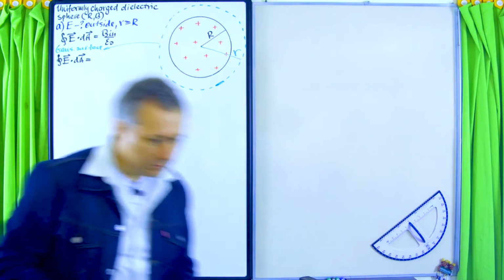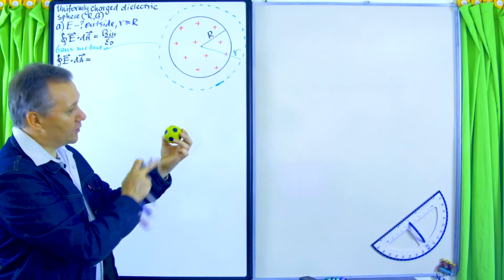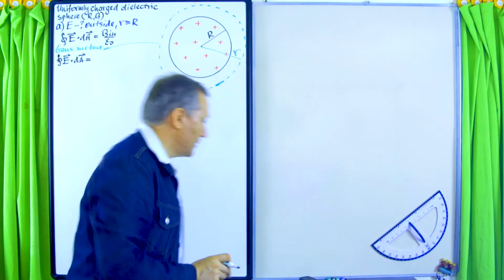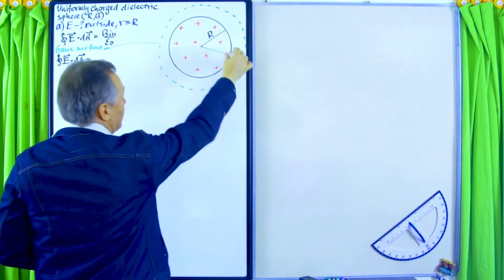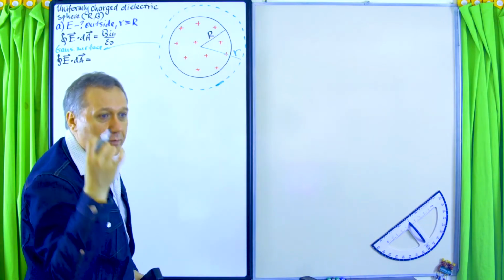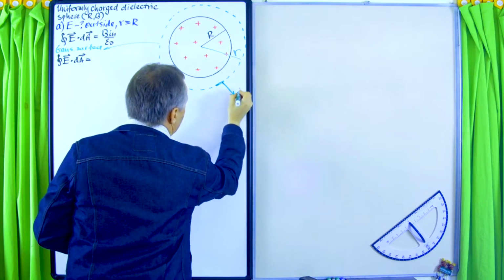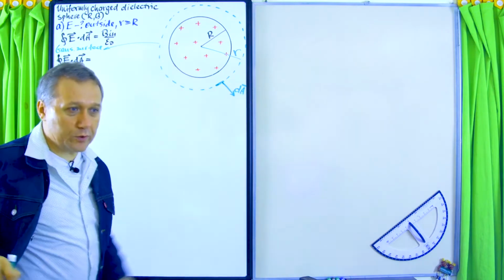It's basically a cross section of the sphere. So let's say this is my dA. Of course it must be perpendicular since this is a sphere. Perpendicular means the dA will be radial. So that's my dA vector and it points towards the outside.